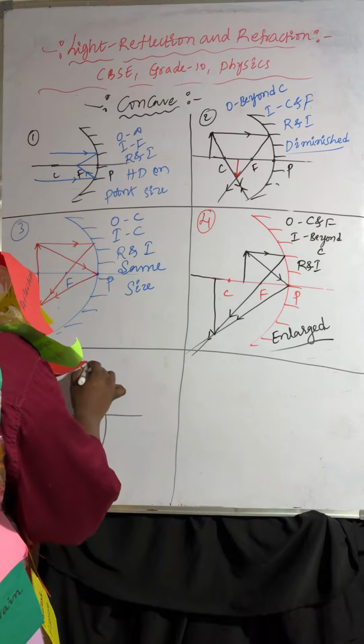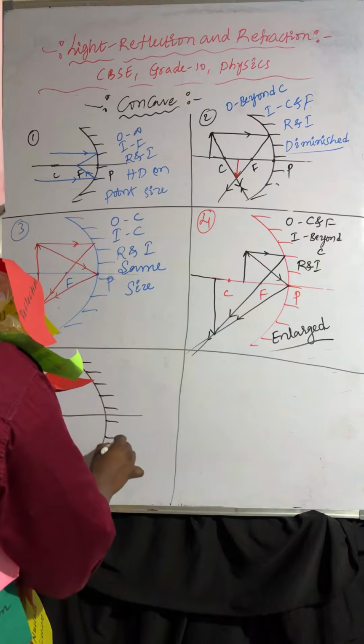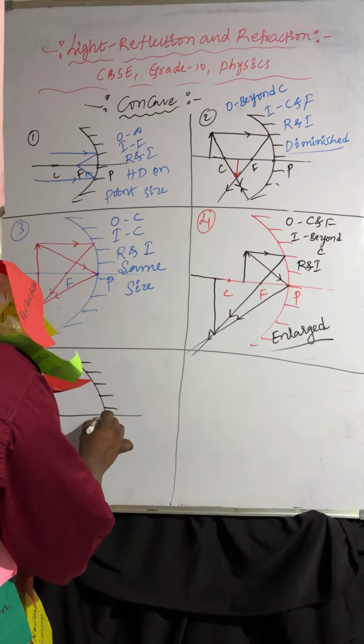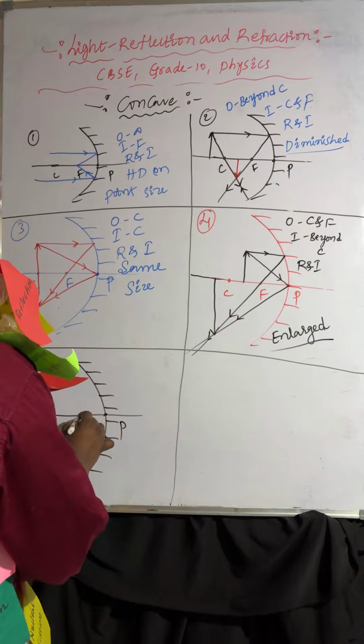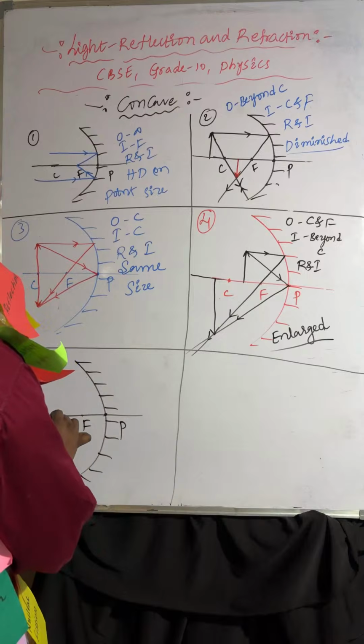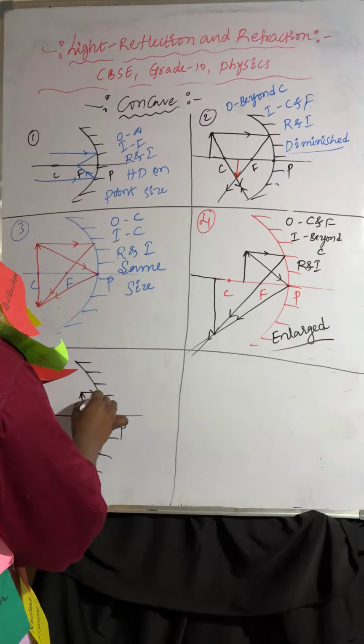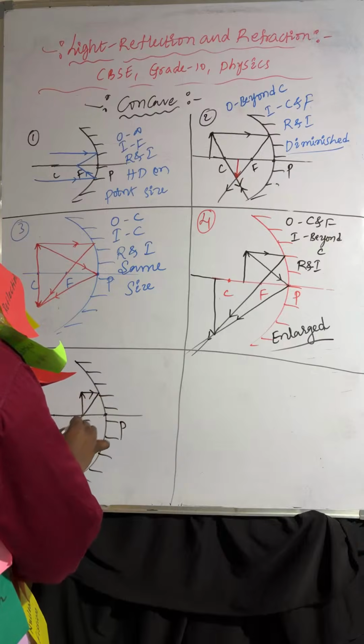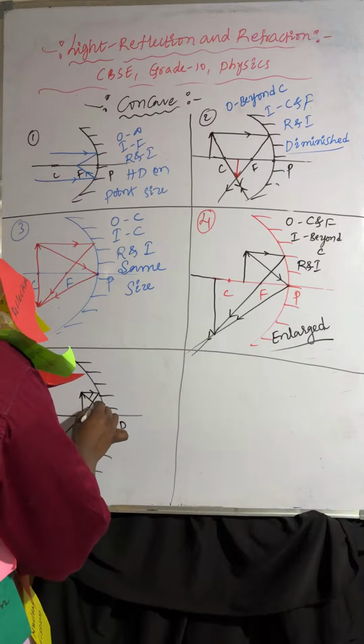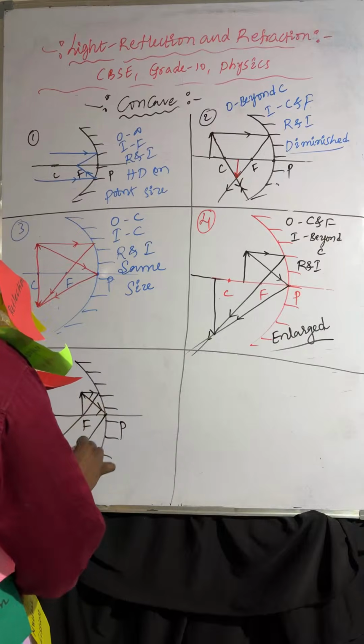Here you can observe this is the pole, focus, center of curvature. Object is placed at F. One light ray I am taking like this; after reflection it passes. Another light ray is incident at the pole; after reflection it moves.